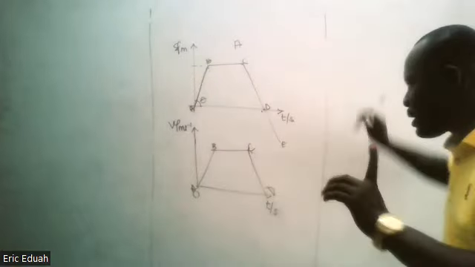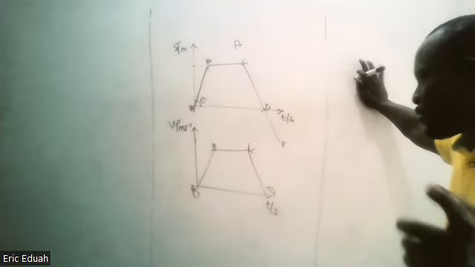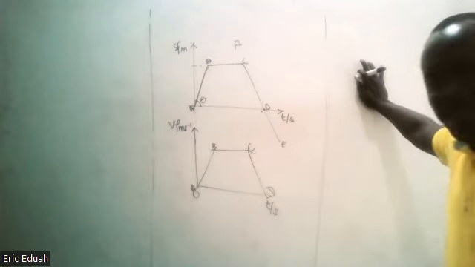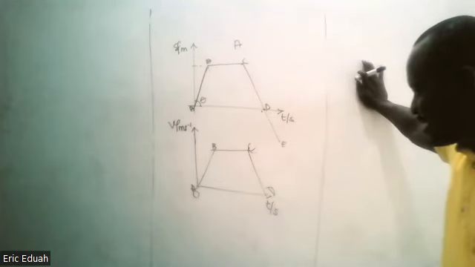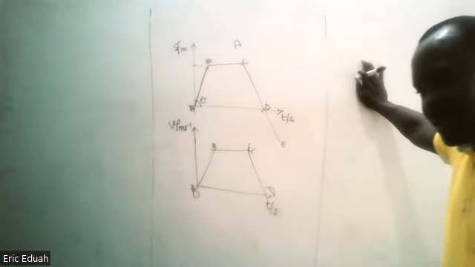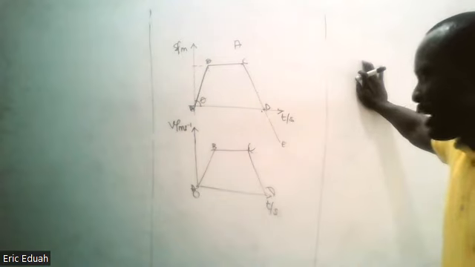Then from C to D, Safua, is that from B to C? What happened? It stopped moving. No, I won't buy that.